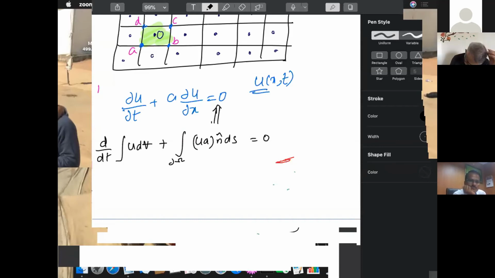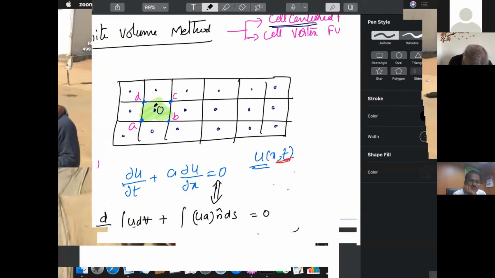Now here, these u's are at cell centers. So the basic problem in finite volume method is this: you have data here. The time derivatives are evaluated at the cell centers.